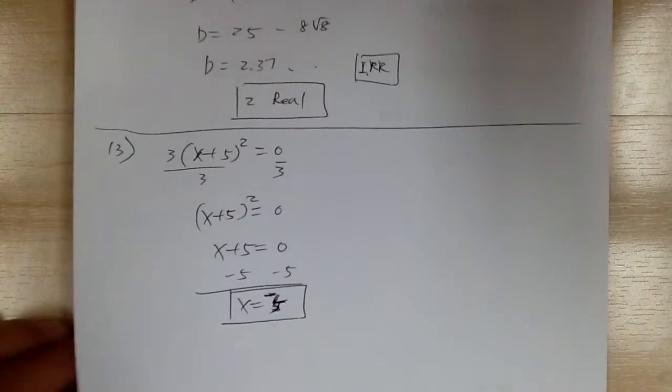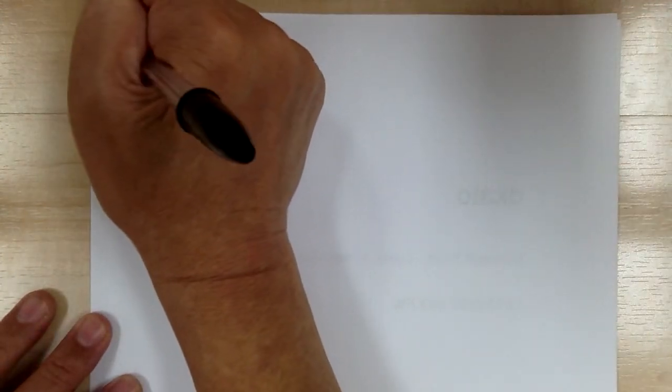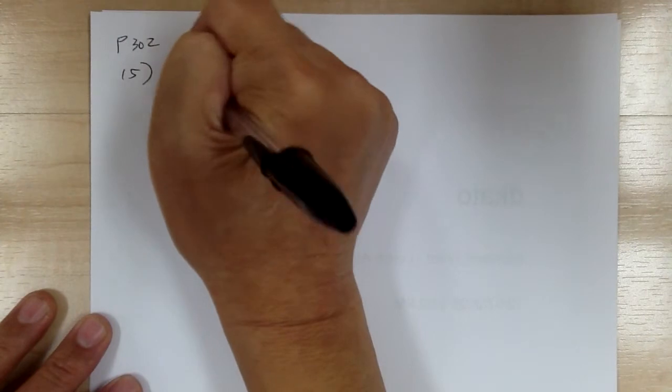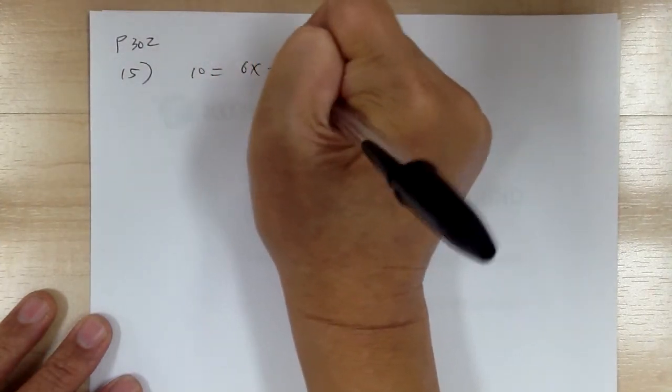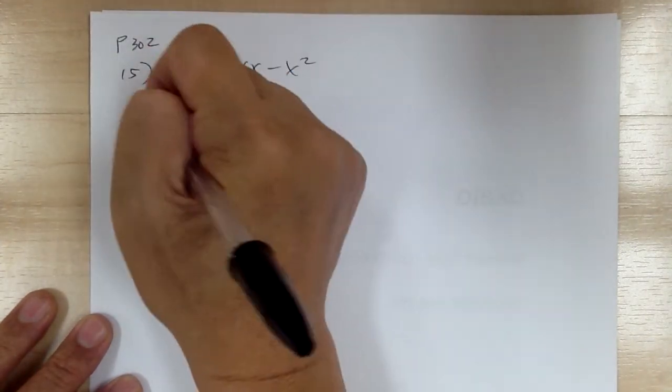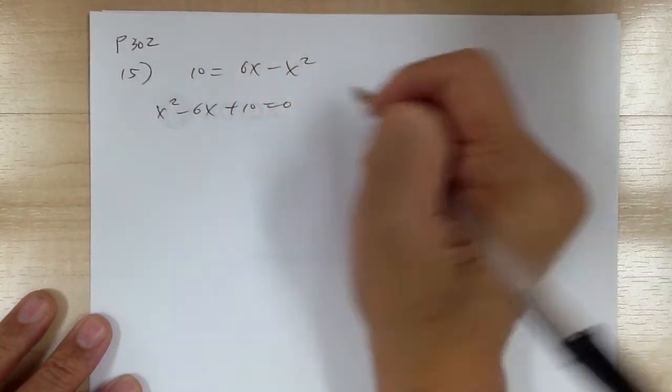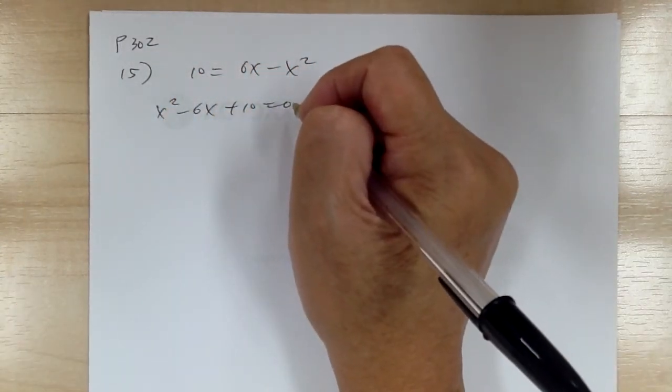Okay, let's go to 15. You've got 10 equal to 6x minus x squared. So I'm going to move everything to this side. So you've got x squared minus 6x plus 10 equal to 0. If you try factoring, this is not factorable.